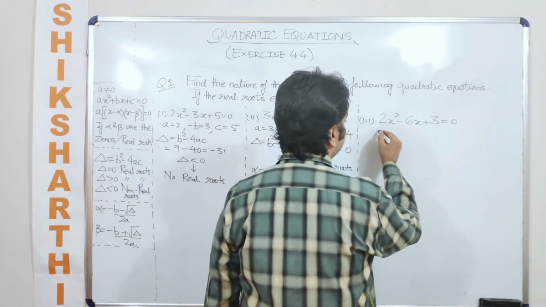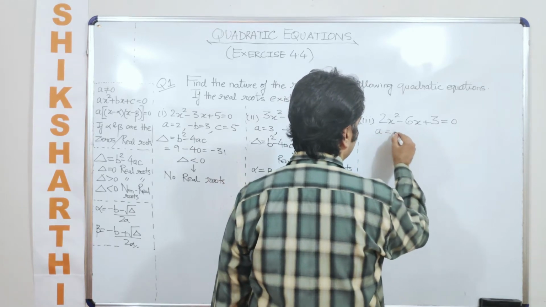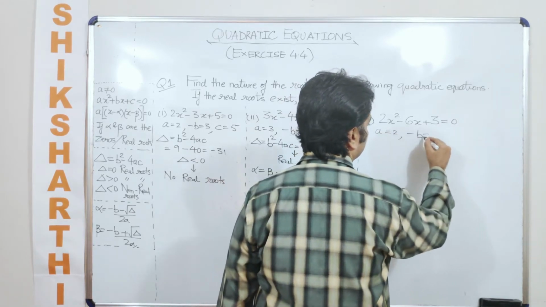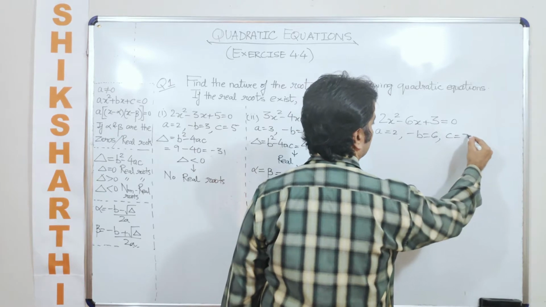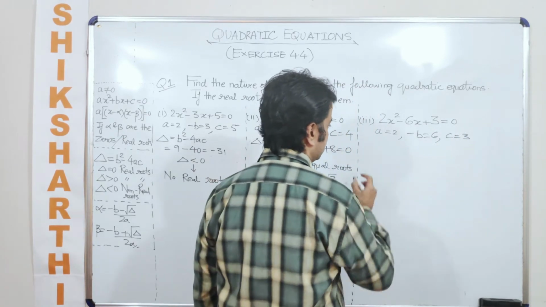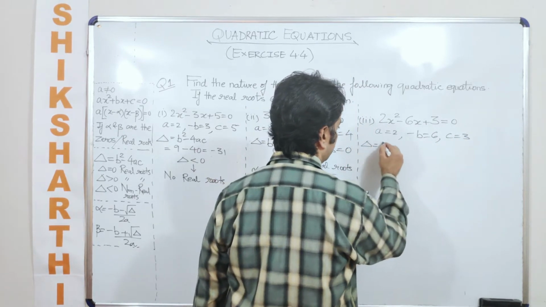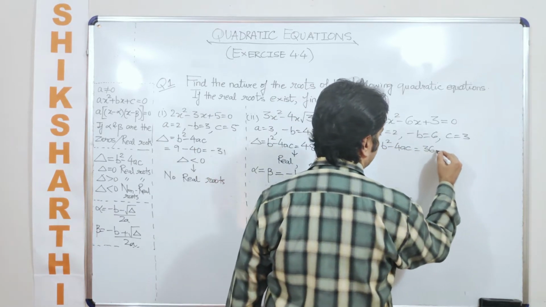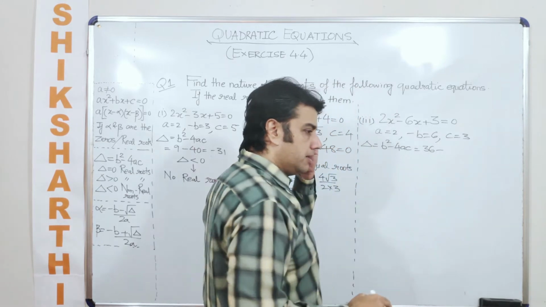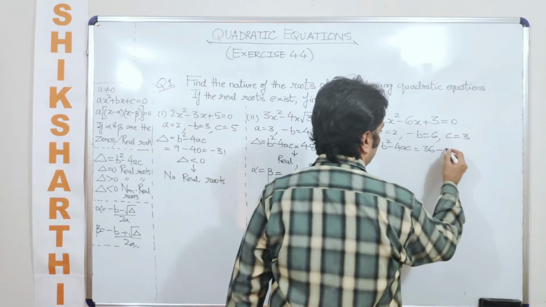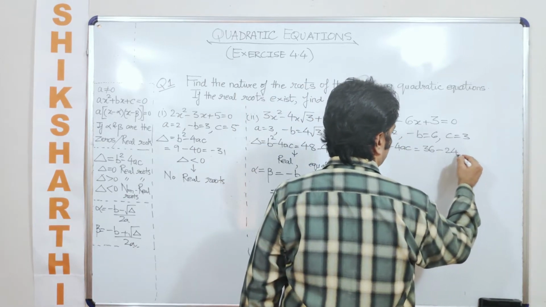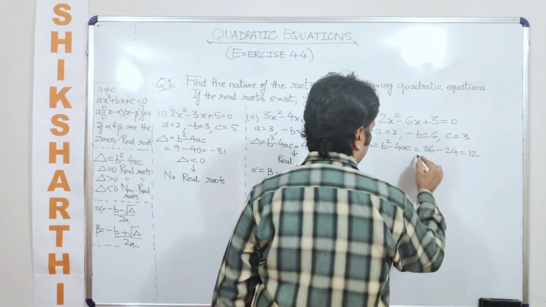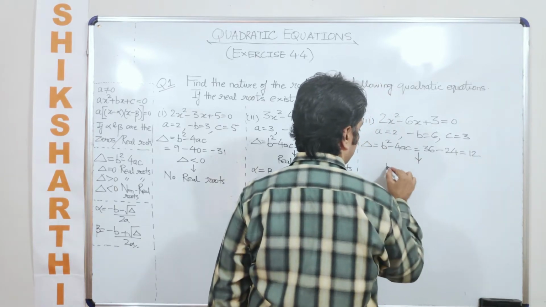Okay, in this case, the third subpart, these are the values of the coefficients of various powers of x. Delta is equal to b square minus 4ac, which is just like saying 36 minus, how much is 4 into 3? 12. How much is 12 into 2? 24. So delta comes out to be positive. Delta positive means what?